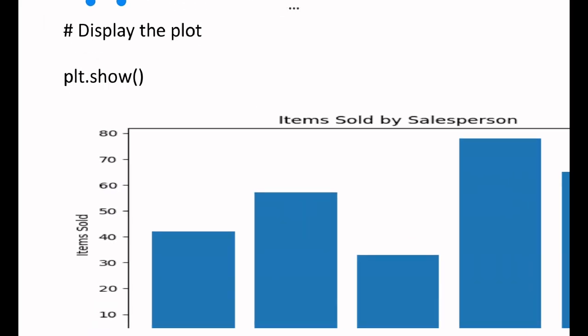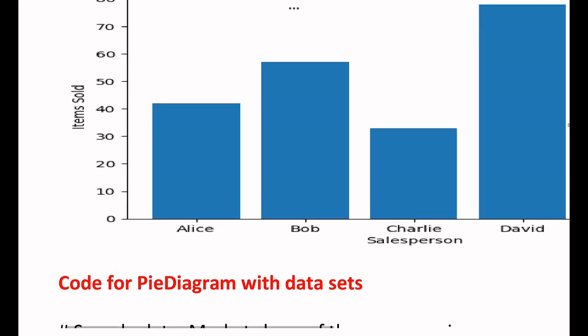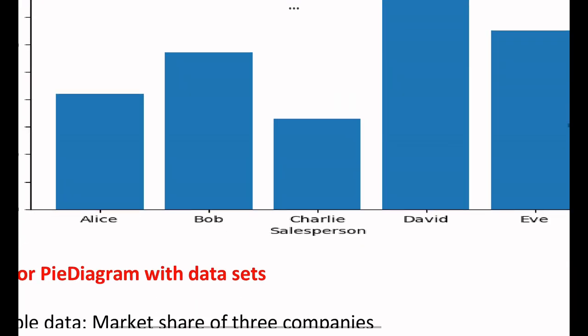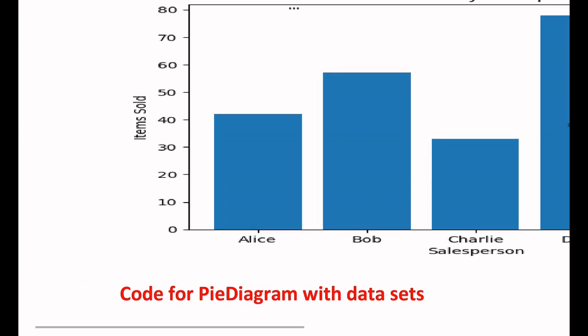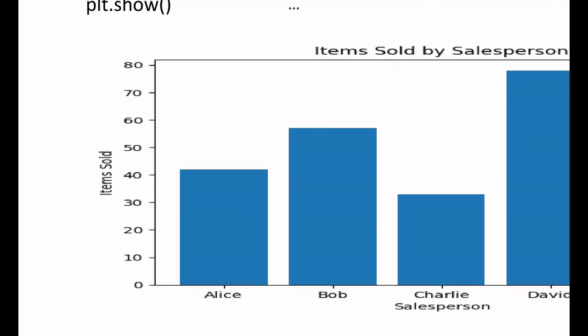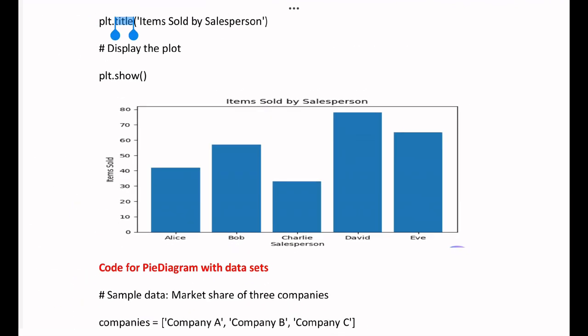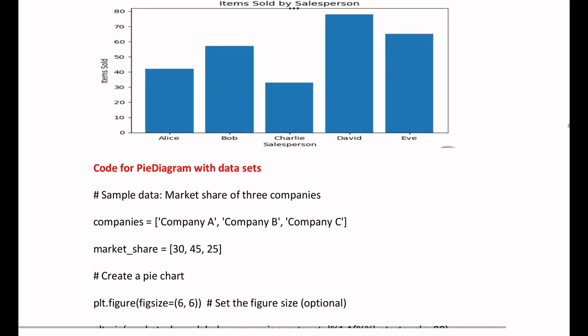You can see this is the Y label, items sold, and the X label, salesman. With Seaborn, the X is salesperson, the Y is items sold, and the title is items sold by salesman. Getting it? So this is very simple.